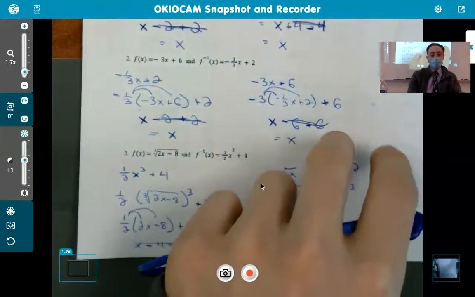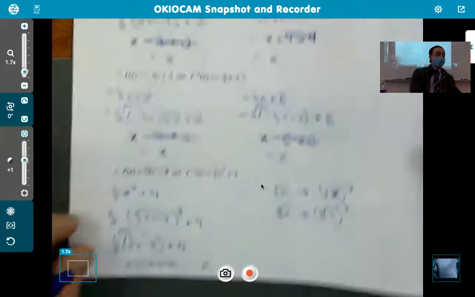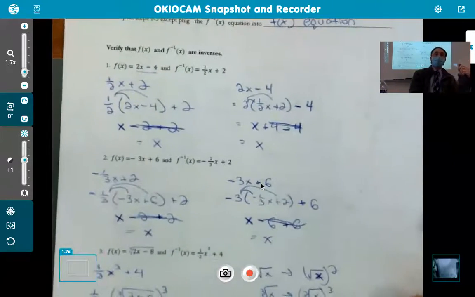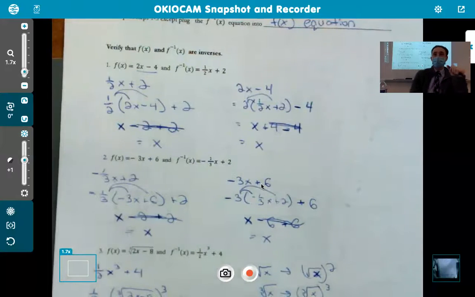Are there any questions about anything we covered relating to verifying inverses or anything that we did with graphing? Jake? What side? So when you plug in the inverse into the equation and vice versa. Not always. That's why you want to do it both ways, just to verify.